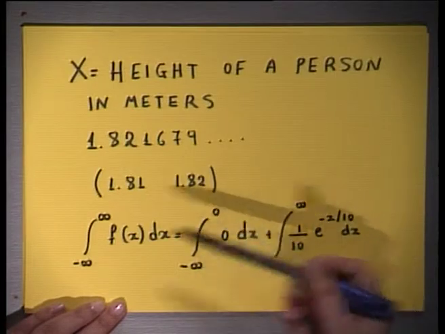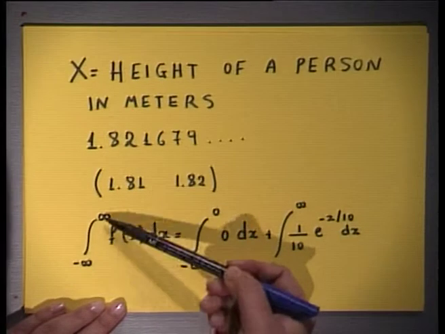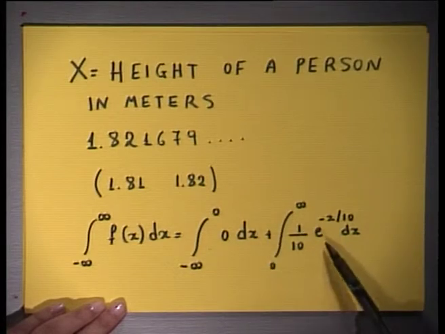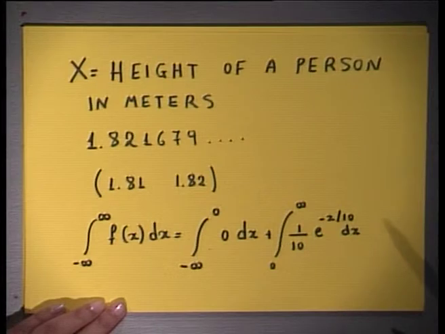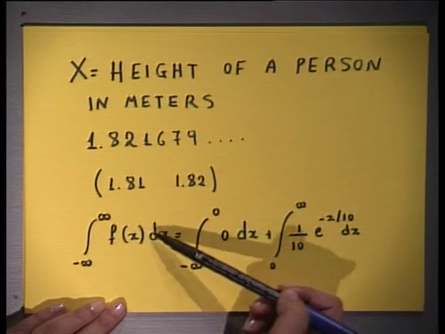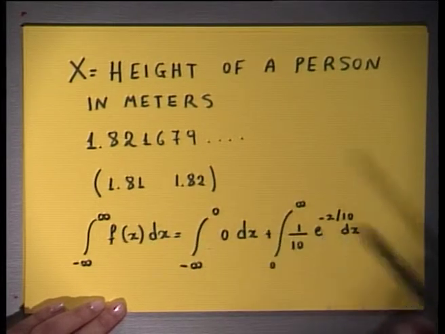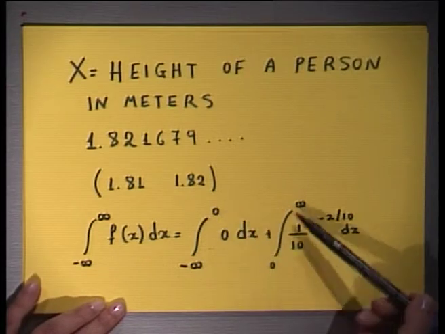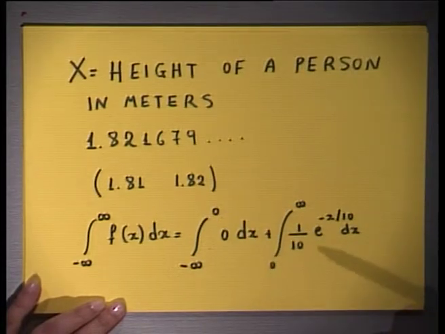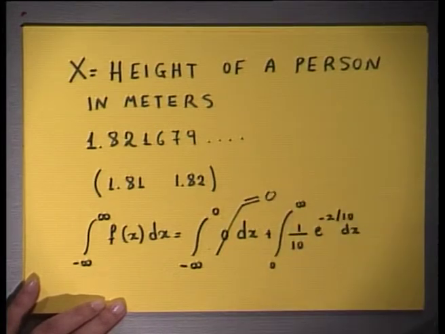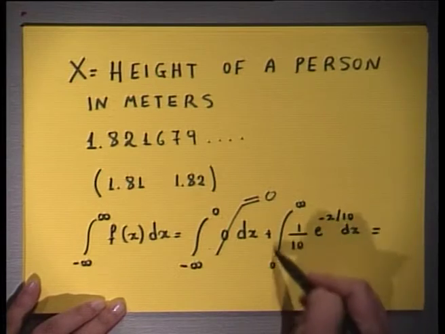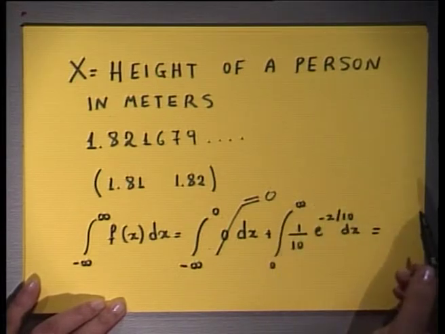We can split our integral, as we can see, in two parts as f of x changes between these two intervals. This is 0, and so we need to calculate this part.